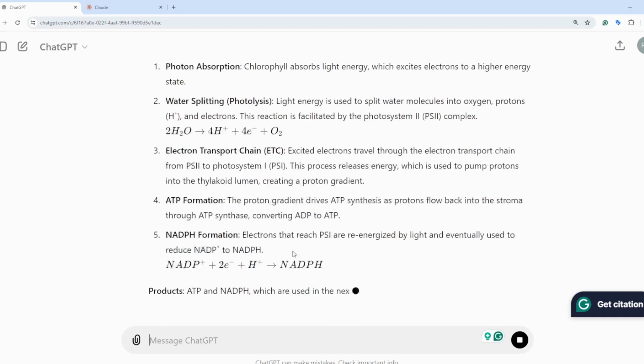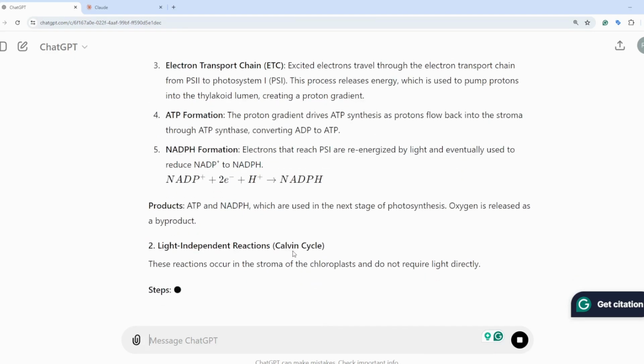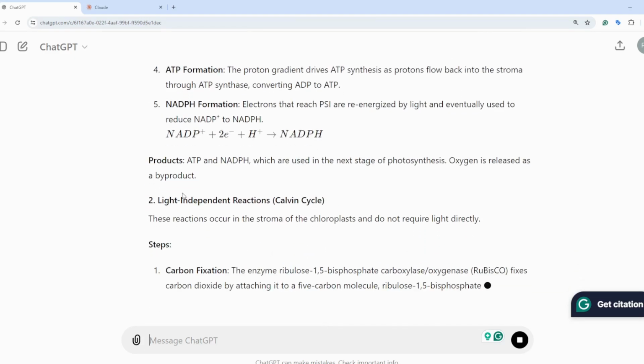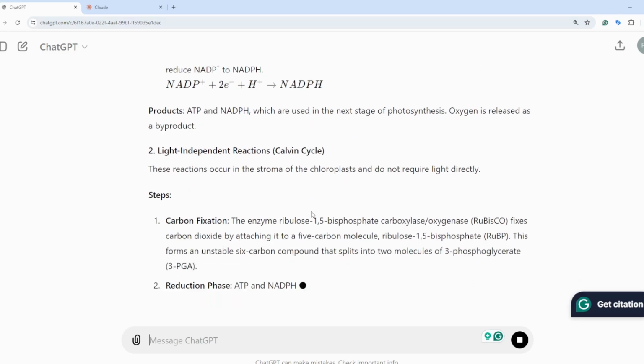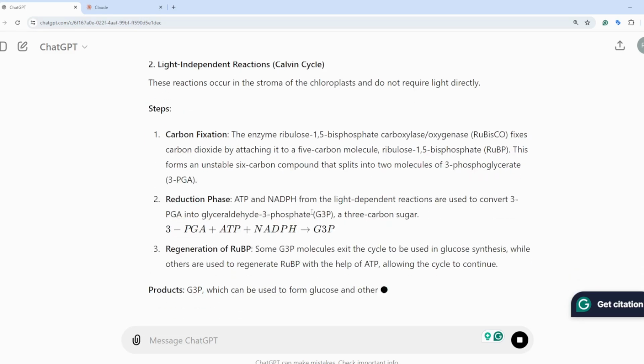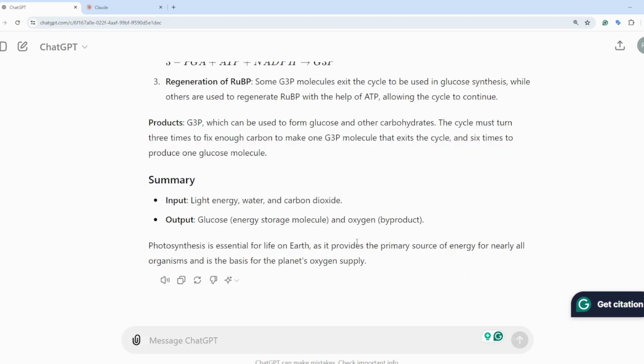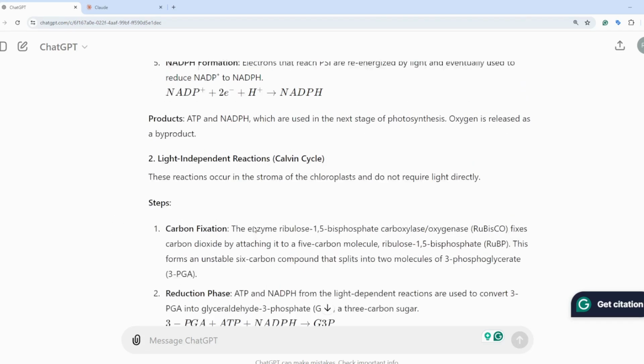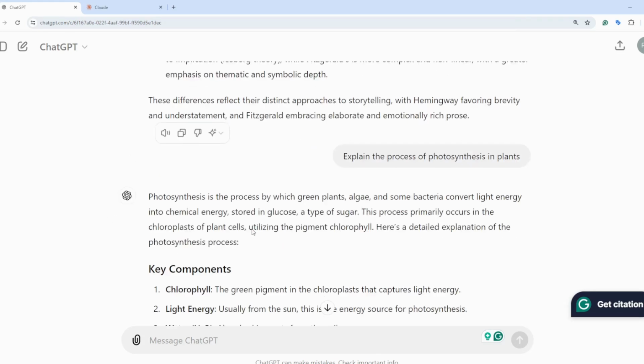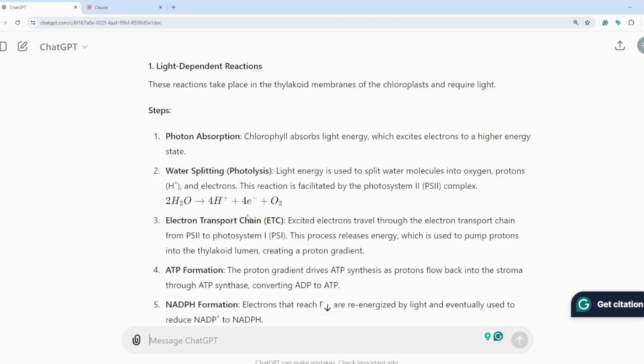Okay, so these are different steps it's giving me. Light independent reactions. Okay, so you have seen that it's given us a lot of things, because we have not given anything specific. So we just ask about photosynthesis, and whatever it knows, it gives us as the answer.